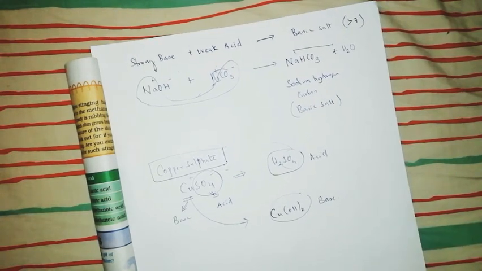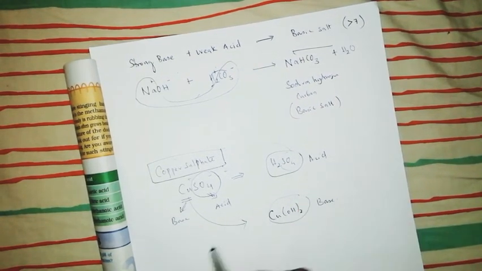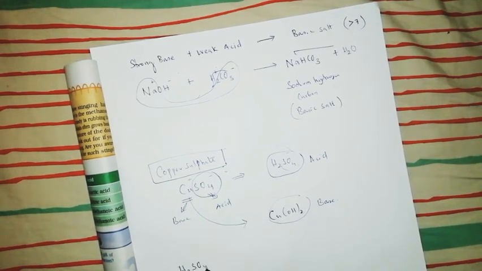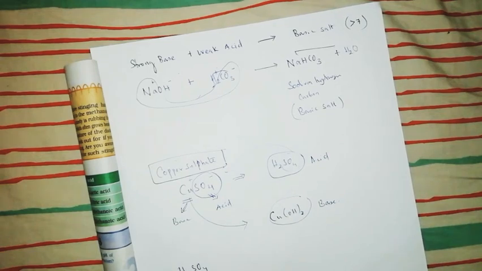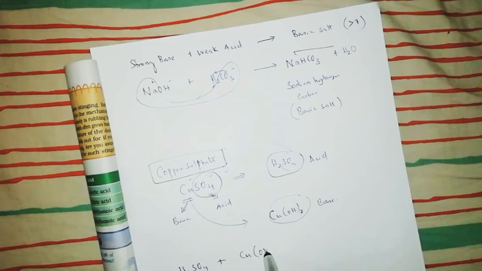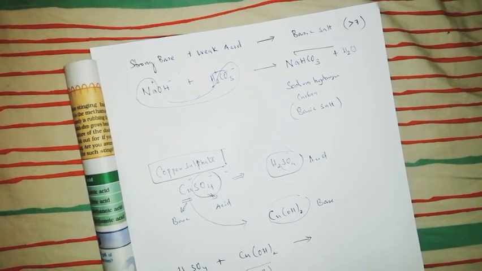Shall we try now to see how this salt forms? Okay. So, this sulfuric acid is a strong acid, right? So, we write H2SO4, sulfuric acid, the strong acid. When it combines with copper hydroxide, the weak base, let us see what happens.